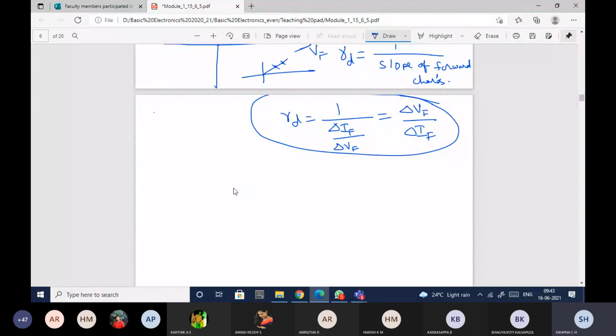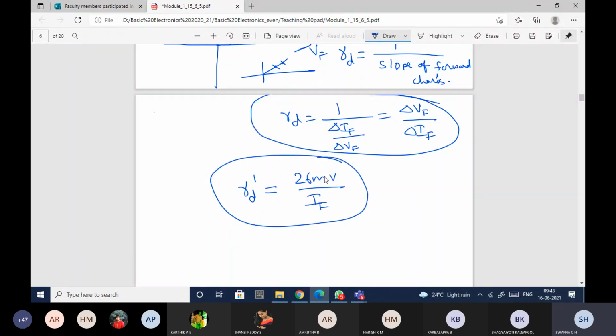If I want to find the pure dynamic resistance or the AC resistance, I'll be able to calculate it by taking RD dash is equal to 26 millivolts divided by IF. This is the formula. Anyway, don't worry about this formula, we will not be using it, but I'm just telling you. RD will consist of both dynamic resistance and static resistance; both will be included.